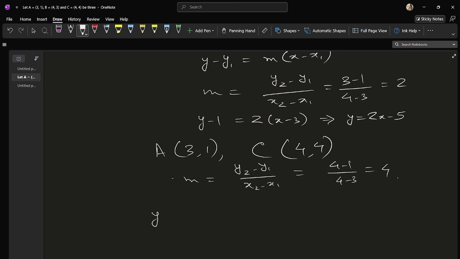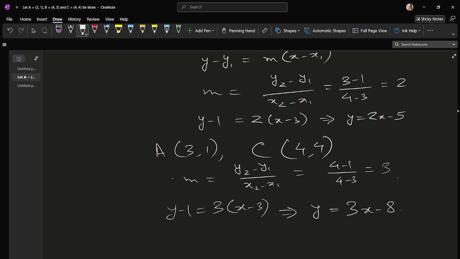Now we get y minus 1 equals 3 times (x minus 3), so y equals 3x minus 8. So AC is a segment of this straight line.